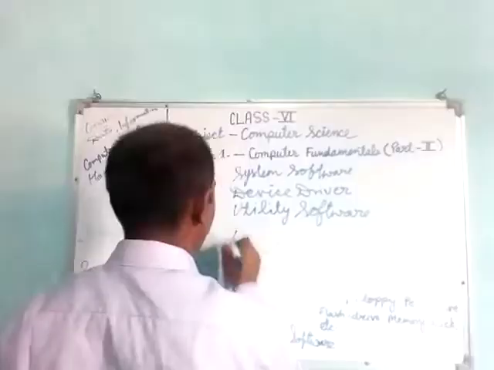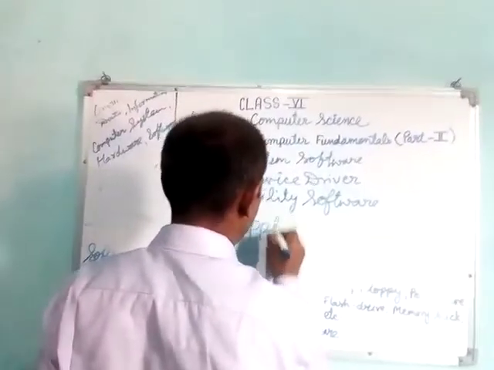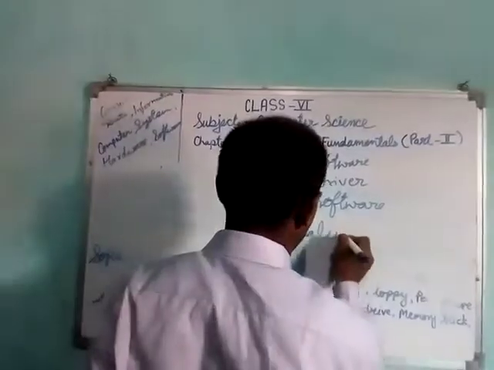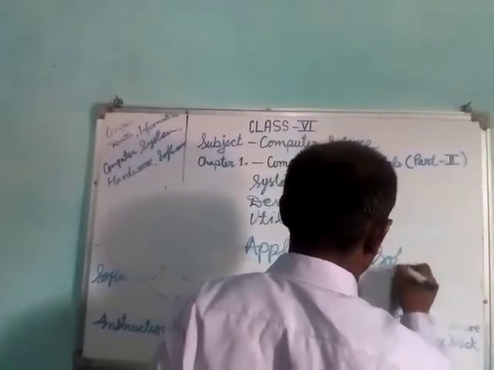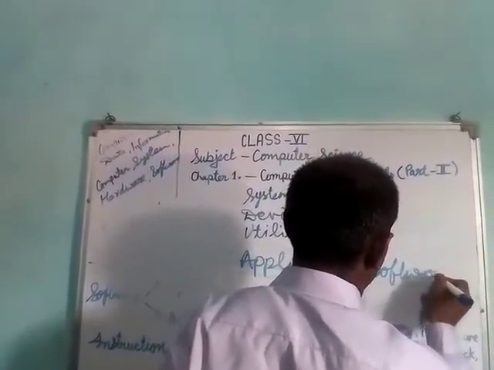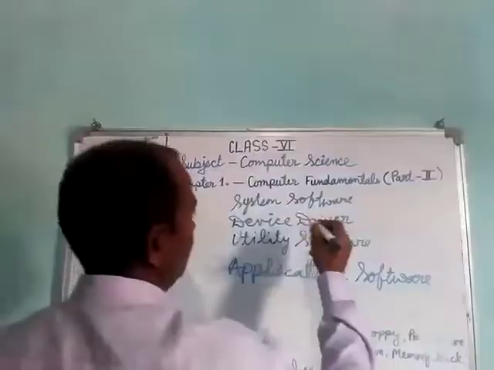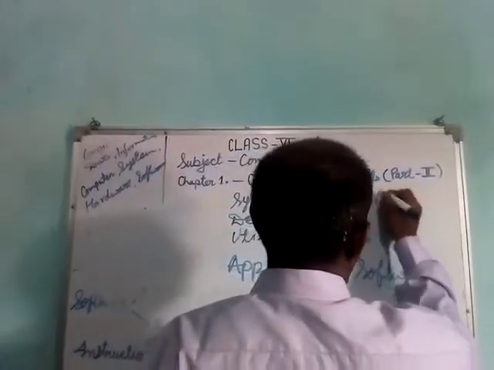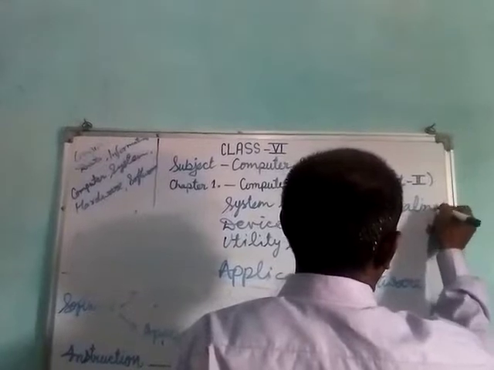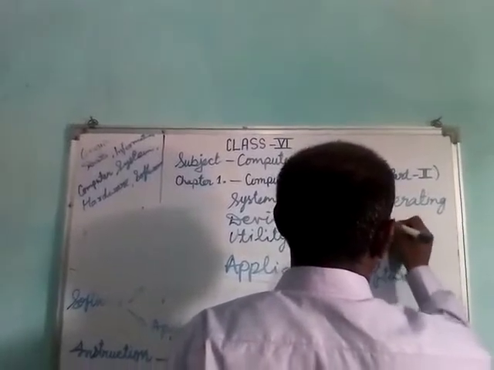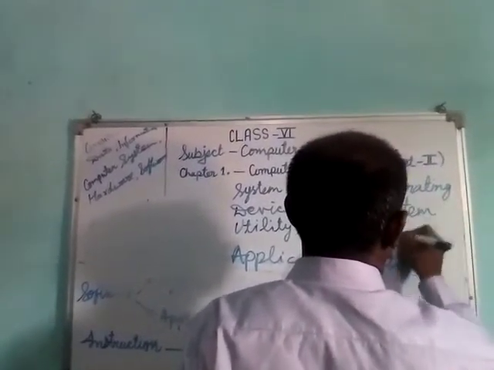And the next one is application software. System software is categorized in the operating system software.